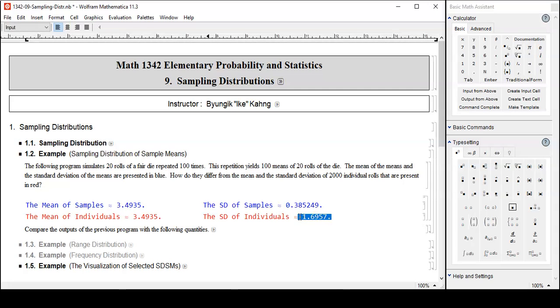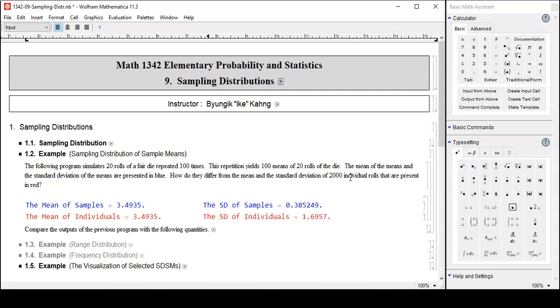And then this one is just the standard deviation coming from 2,000 individual rolls. So consider just without grouping at all, just 2,000, and then calculate the standard deviation there.